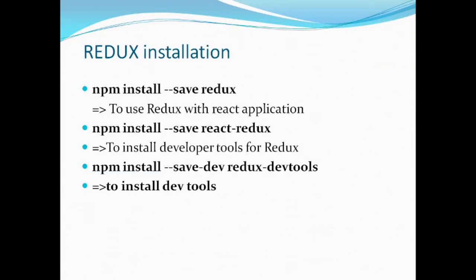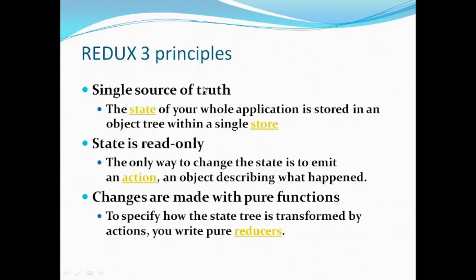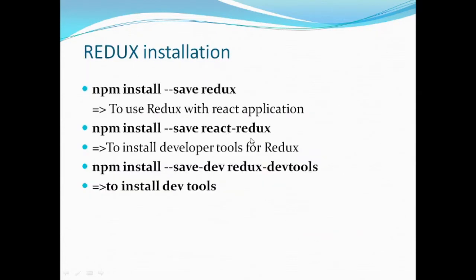To work with a plain Redux application without any additional third-party libraries, we need to install at least three dependencies. One is Redux, the next is React Redux, and then DevTools for the Redux framework.